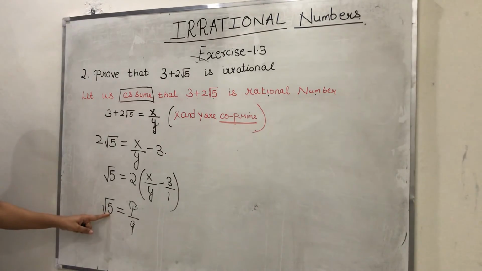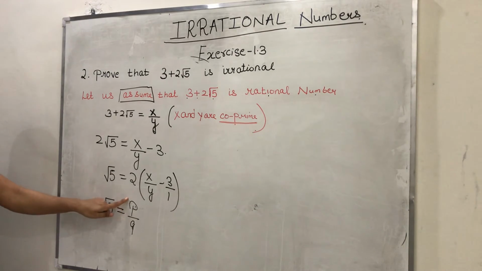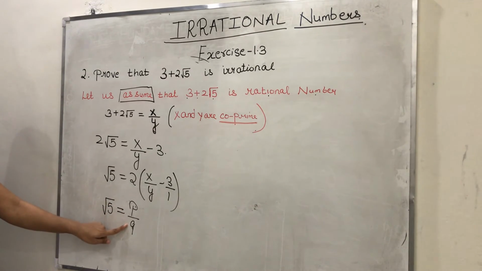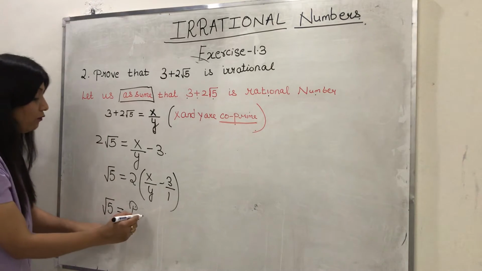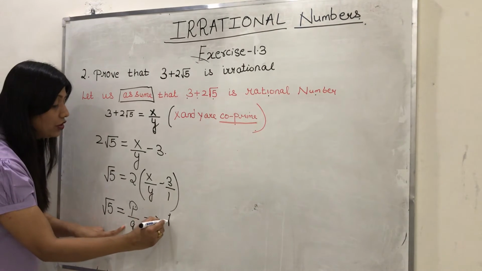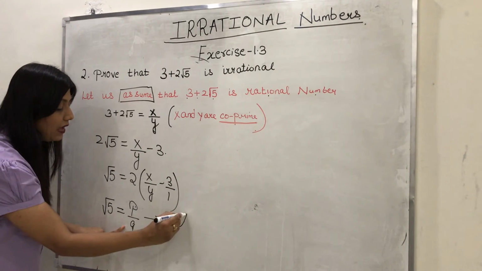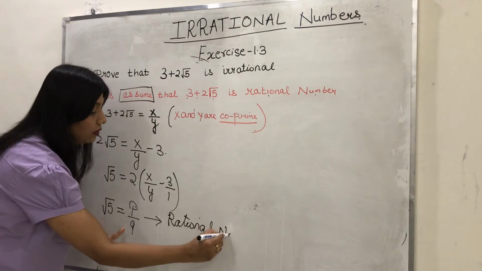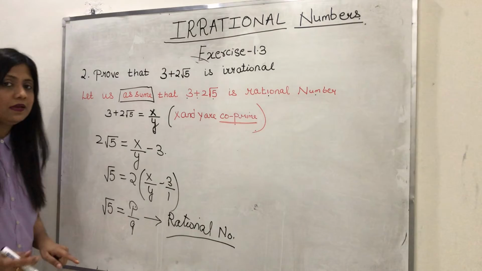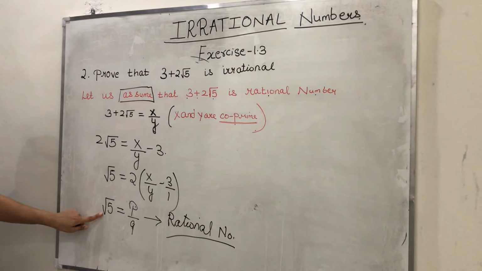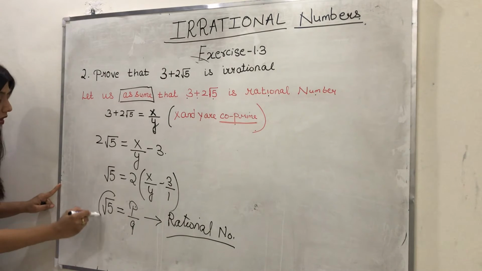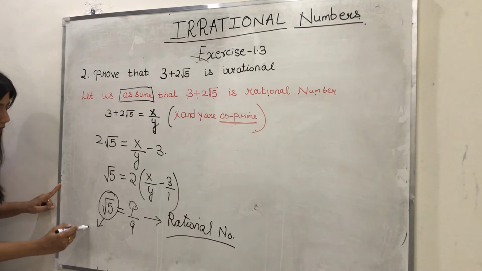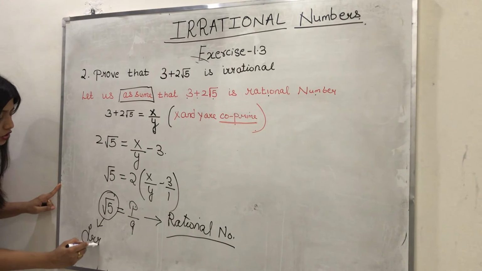So we are saying that root 5 can be written in the form p by q. So we will say that root 5 is a rational number, right? Because I can write it in p by q form. But what I know is, if the number under the square root is prime, it is an irrational number.